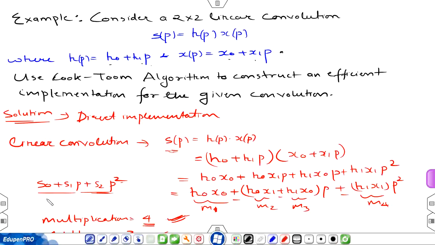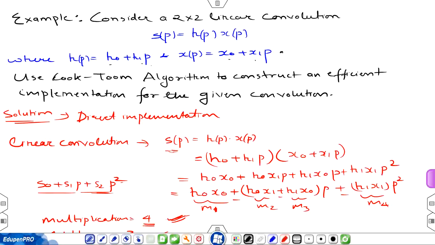So coming to the direct implementation, where S(P) is written as S0 plus S1 P plus S2 P square, and the right hand side is the product of H(P) into X(P), that is equal to h0 x0 plus h0 x1 plus h1 x0 into P plus h1 x1 P square. Okay, so comparing these two sides, S2 is equal to h1 x1.